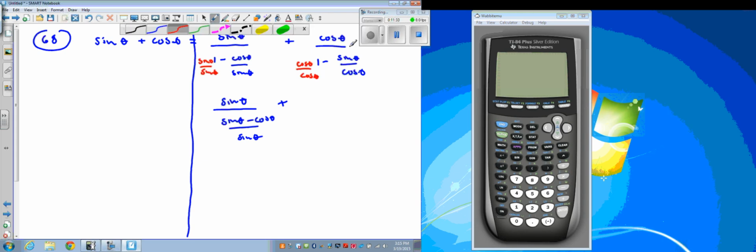So now, in the numerator here, I got cosine. I'm bringing this thing down, right? Then I got this line, and then I got cosine theta minus sine theta over cosine.